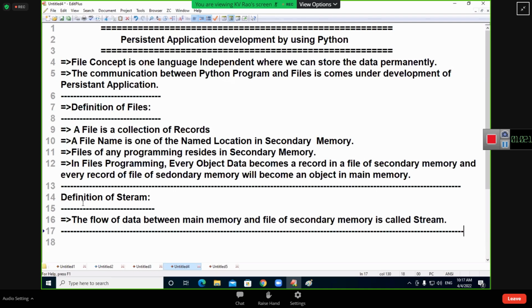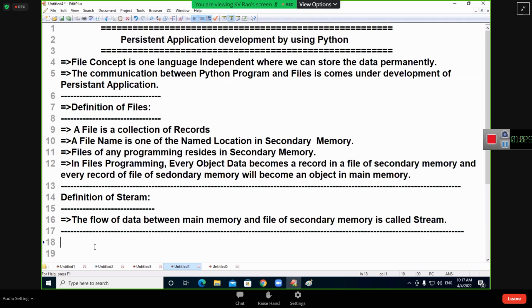Clear? Fine. Let me put one or two questions here. By default, object data is present in which memory? Main memory. Is it temporary or permanent? Temporary. Is temporary data recommended? No. So every temporary data needs to be stored permanently. To store the data permanently, how many approaches are there? Two approaches.